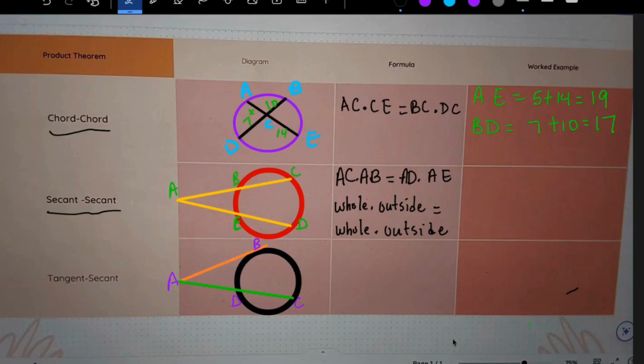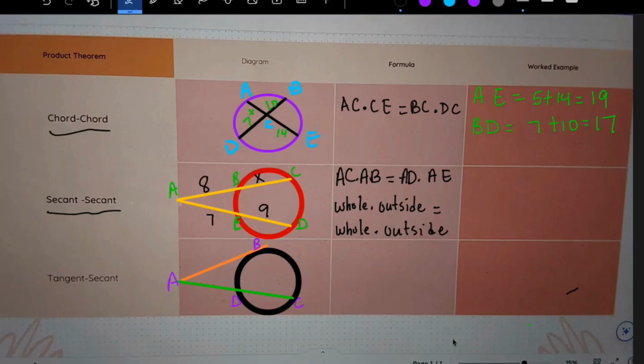All right, let's look at an example. If we have this here 8, we have x, we have 7, and we have 9, and we need to solve for x. How will we go about doing this?